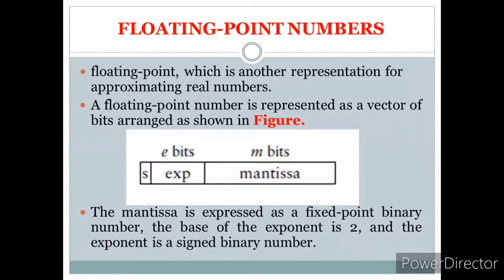The system comes to know with the help of standards. One is the sign bit, exponent bits, mantissa bits. Here in floating point, this is the standard format. The mantissa is expressed as a fixed point binary number, the base of the exponent is 2, and the exponent is a signed binary number.